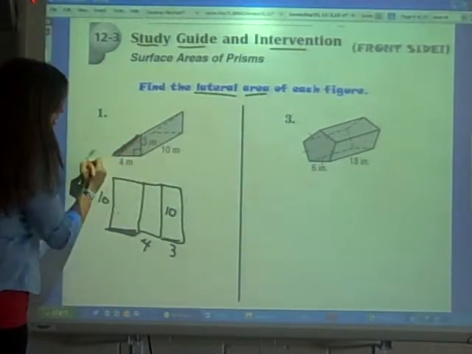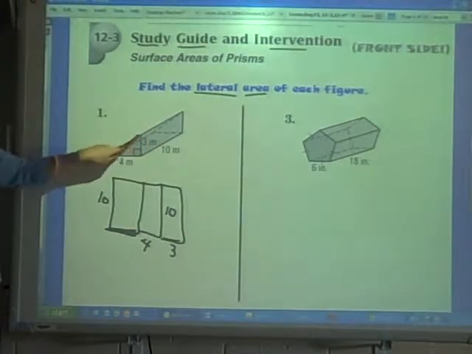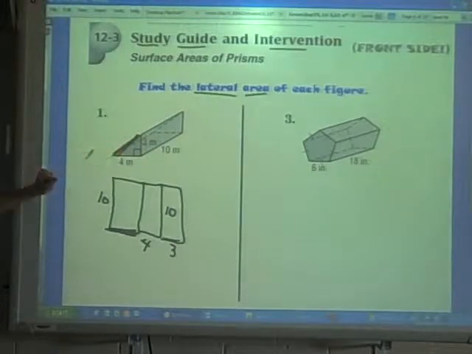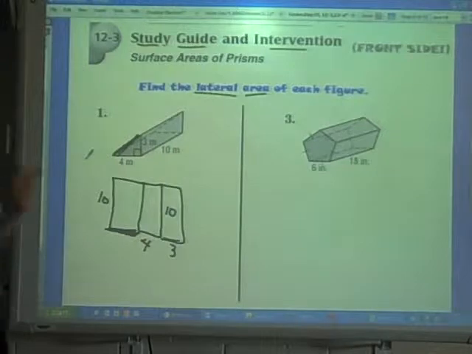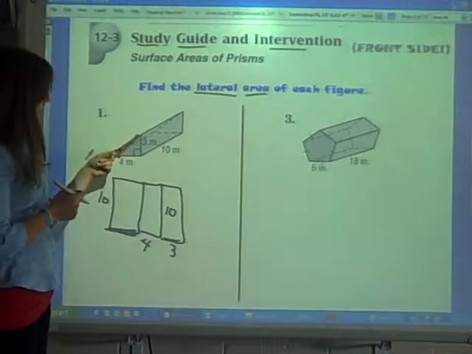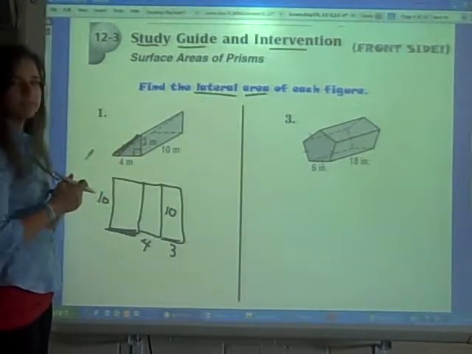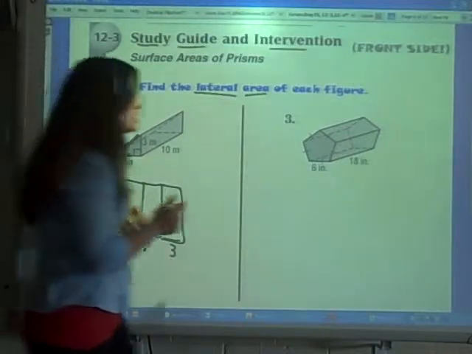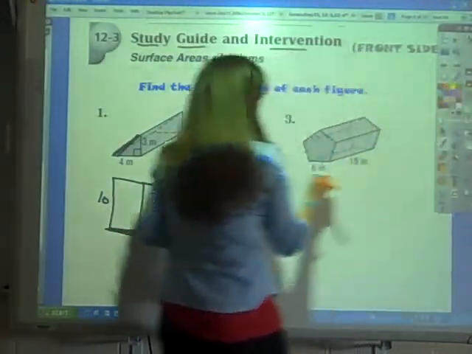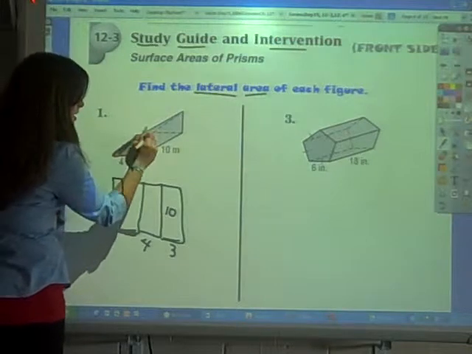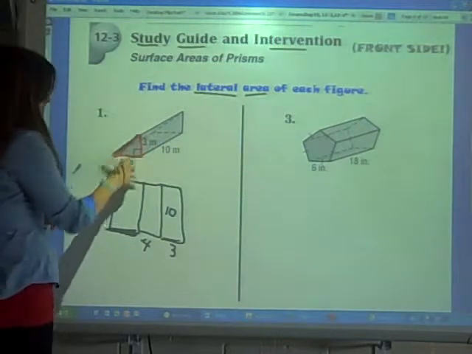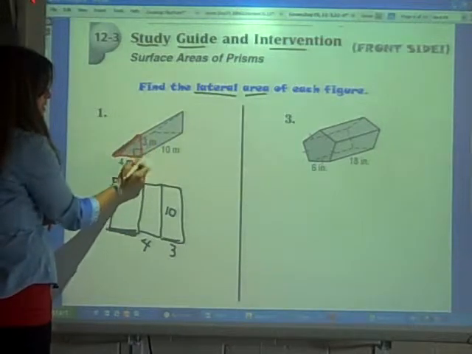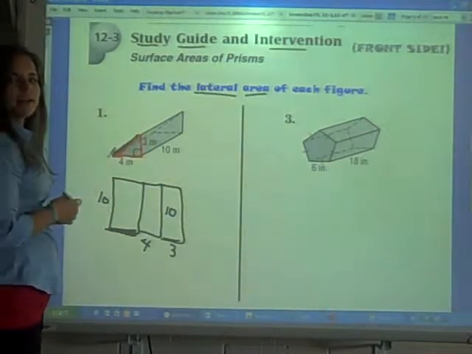And take a look. It comes from this part of your picture. Do they tell you what that number is? No. Is it going to be the same thing as 4? No. Is it going to be the same thing as 3? No. Hopefully you're seeing some kind of connections here. Look for right triangles. They're all over the place. Here's a right triangle. I've got one leg is 3, one leg is 4. How can I find the third leg?